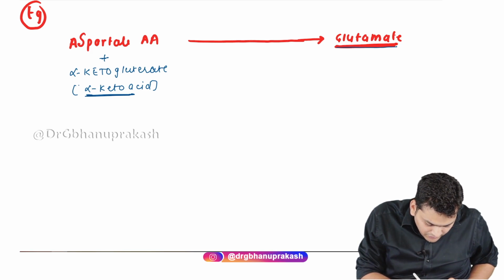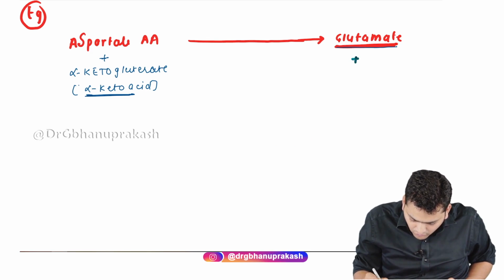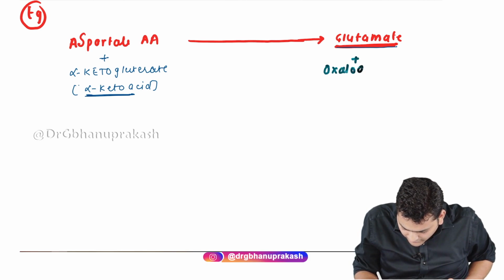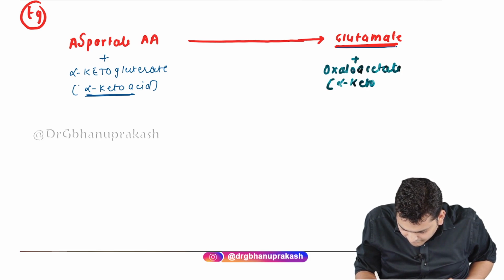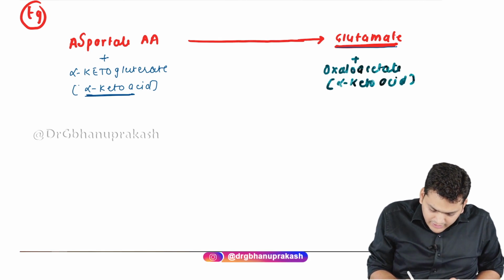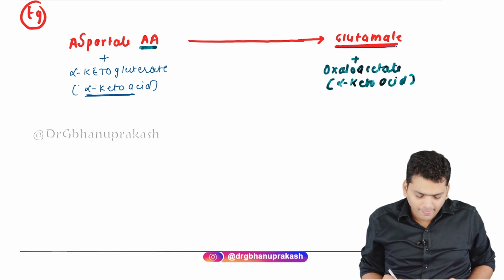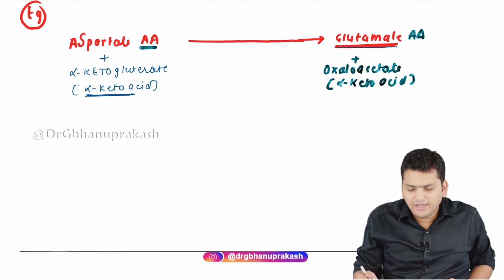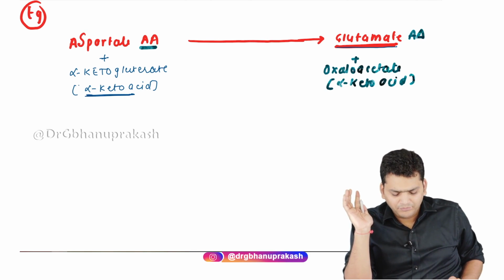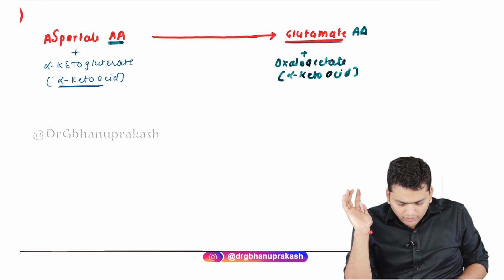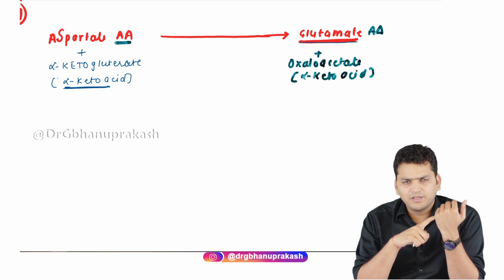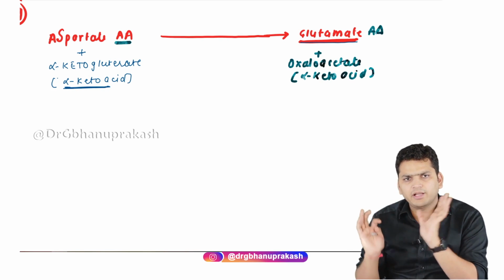Along with the glutamate, we will get one more alpha keto acid, and that is oxaloacetate. So when you take aspartate, you transfer the amino group onto alpha ketoglutarate, you get the glutamate amino acid and oxaloacetate, which is also an alpha keto acid. If they ask what is the name of the enzyme for this reaction, as I told you, it is going to be transaminase because we are doing a transamination reaction.